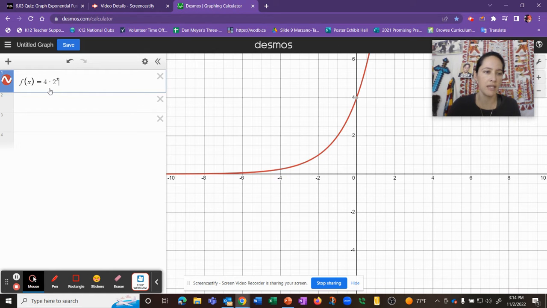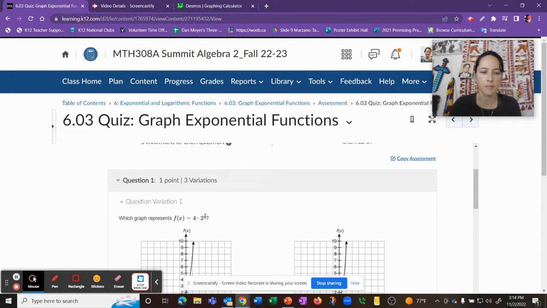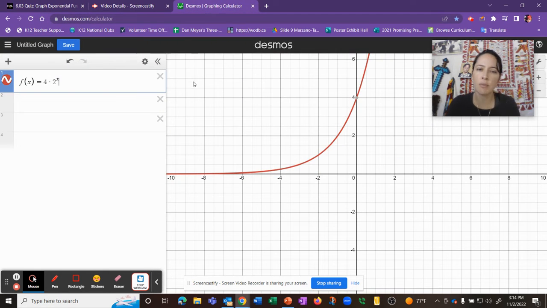But notice how this is identical. f of x is equal to 4 times 2 raised to the power of x, as is this. So just remember, using tools appropriately and strategically is a skill. Learn it. Don't give up on it. Reach out for help.